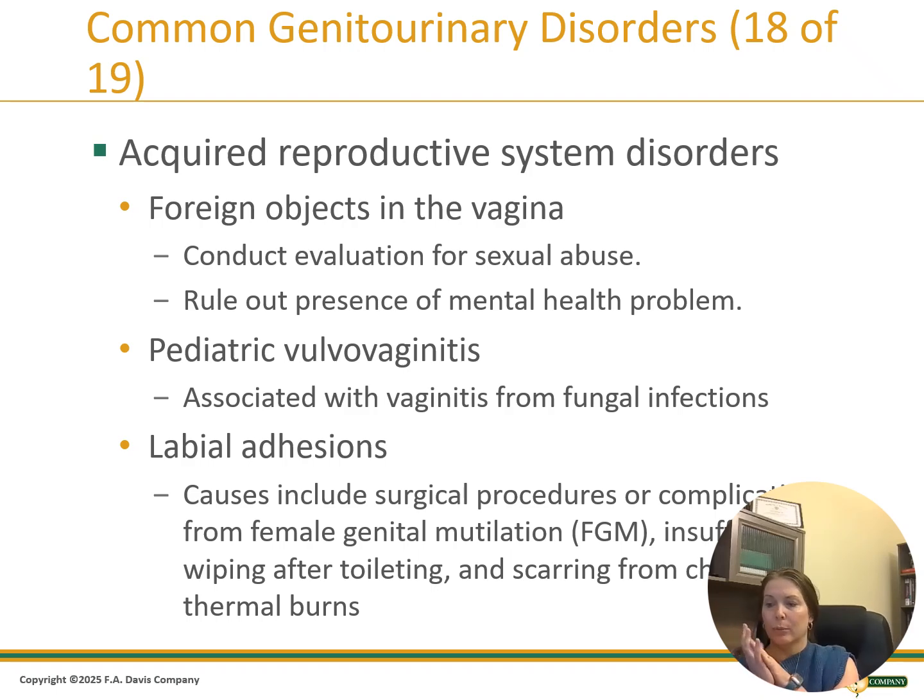So we always want to evaluate for any possible abuse whenever we find a foreign object. We want to rule out any mental health conditions that might cause this. But we want to remove the object for the prevention of infection, things like toxic shock syndrome.